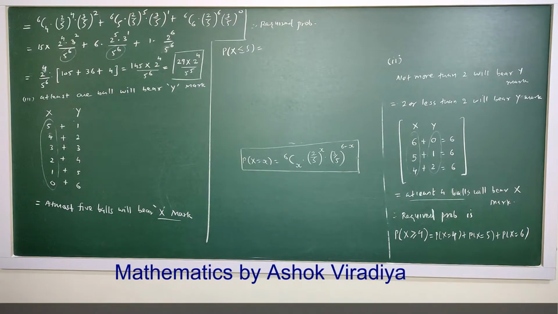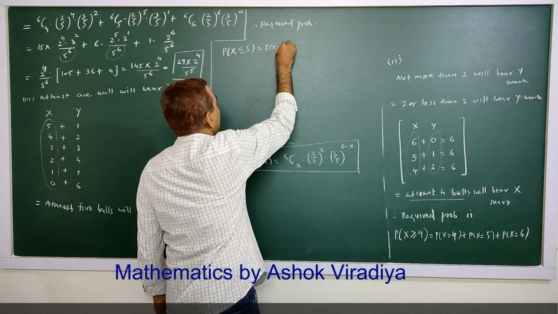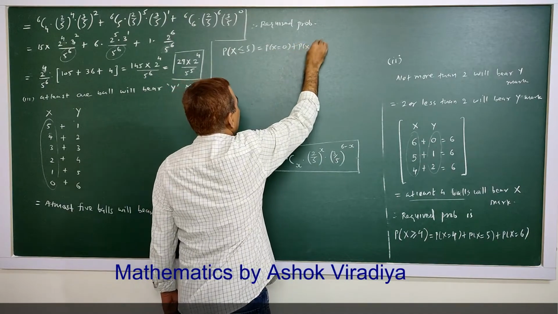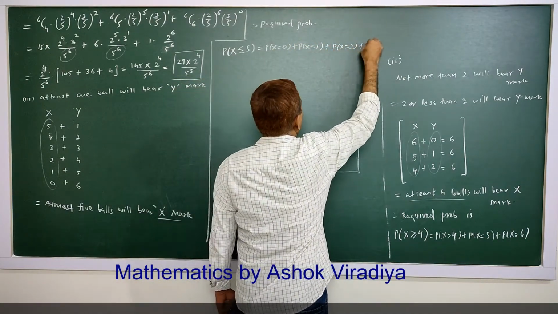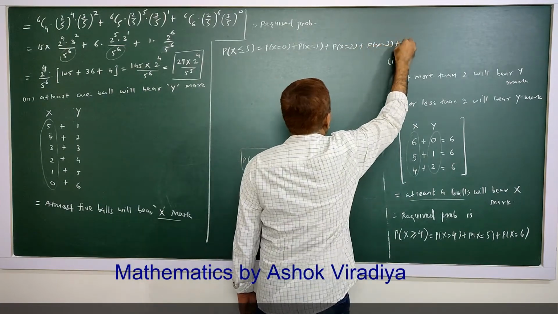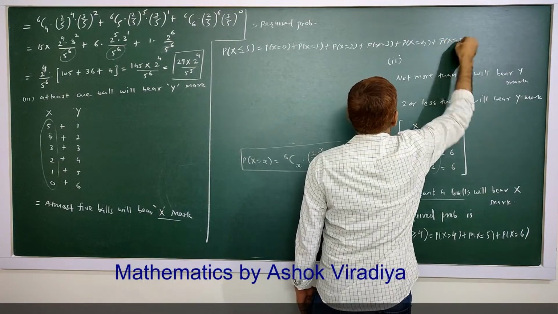So X is less than or equal to 5, that means probability of 0 plus probability of 1 plus probability of 2 plus probability of 3 plus probability of 4 plus probability of 5. So probability that X takes value 0 plus 1 plus 2 plus 3 plus 4 plus 5.